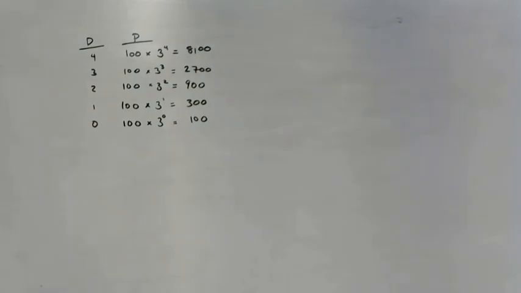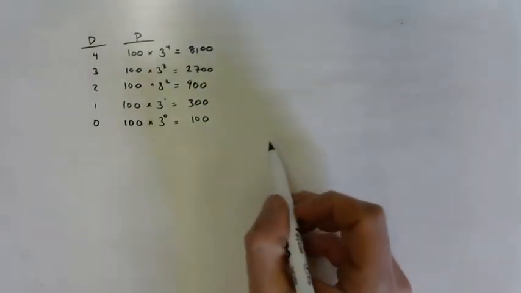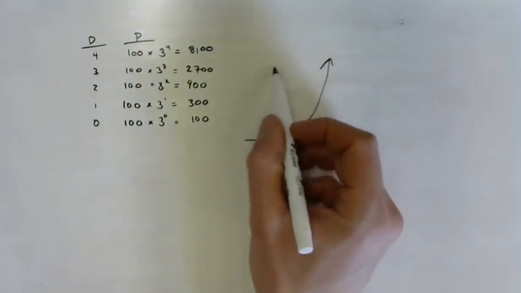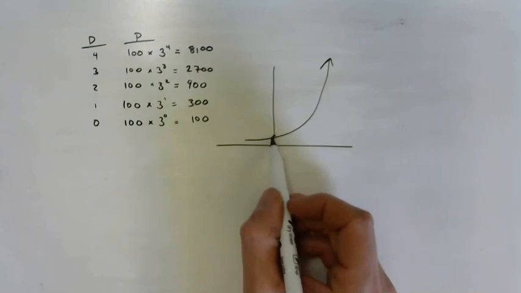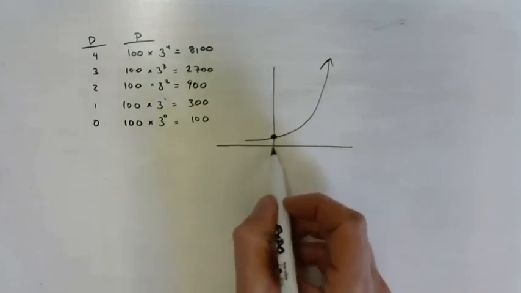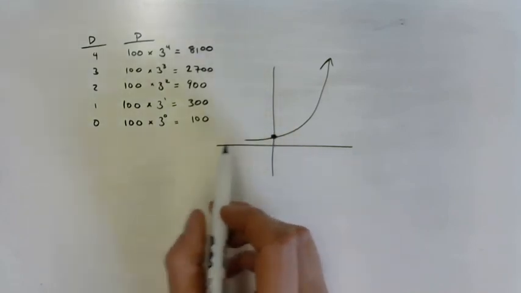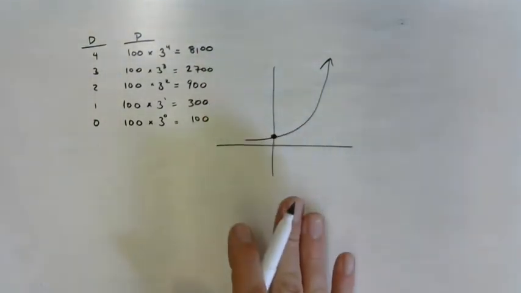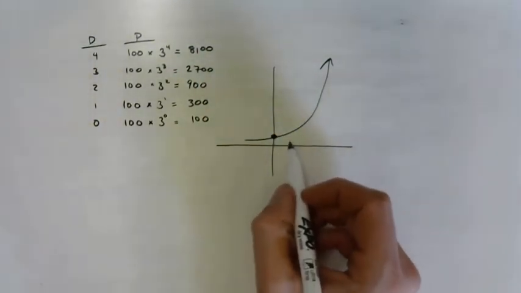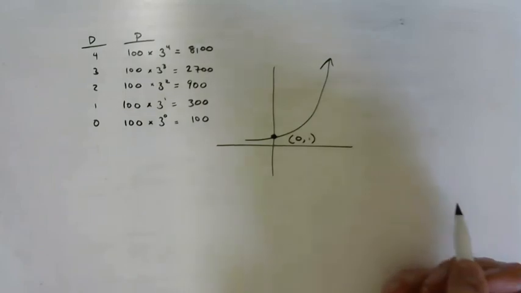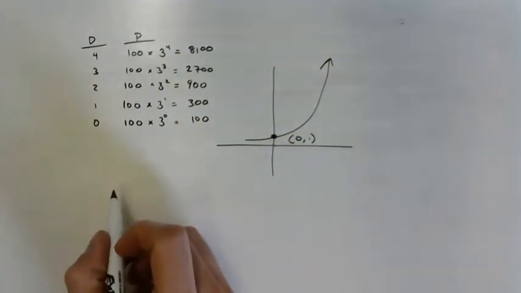Yes? You can also graph it and find that out. What does that mean? It means that in a standard exponential function, if you didn't move it up or down, it will always go through 0, 1.